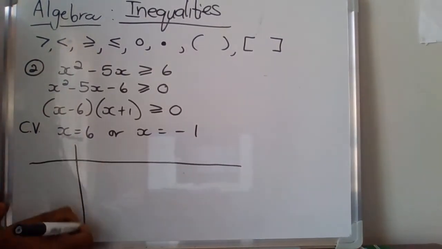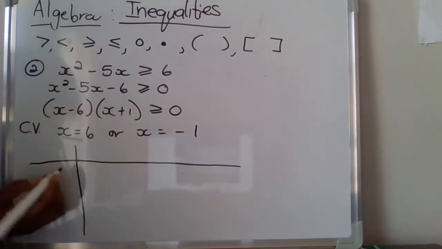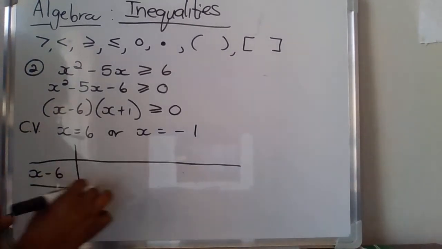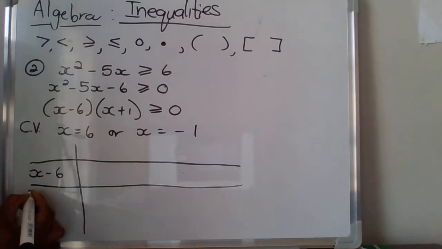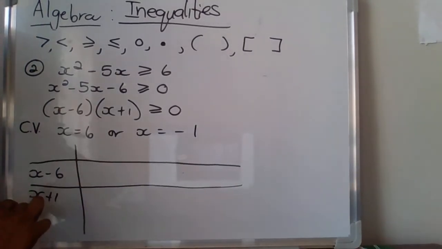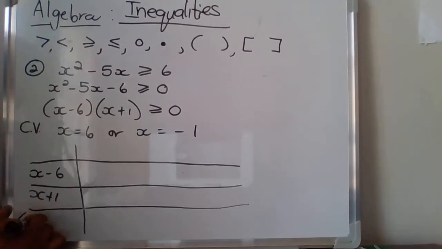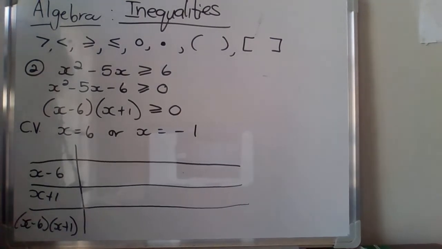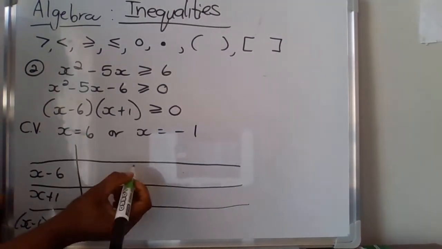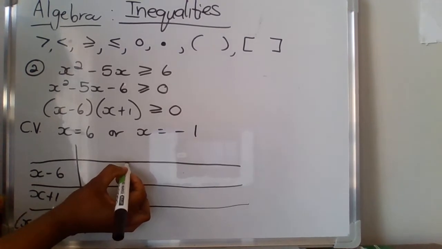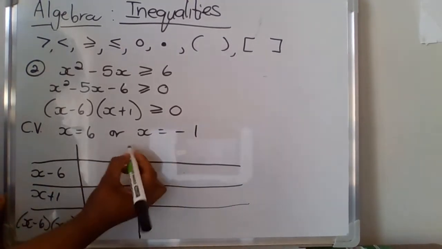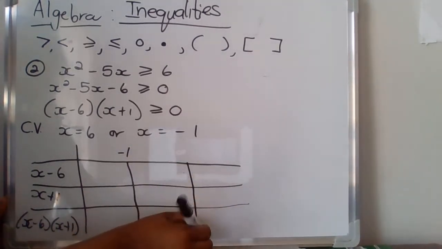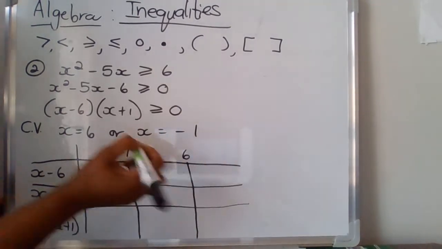Firstly, I'm going to have x minus 6, then I'm going to have x plus 1, and then I'm going to have the product of the two values, because that's the answer that I'm looking for. Then in ascending order, I start off with my first critical value, which is -1, and then my second critical value is 6.